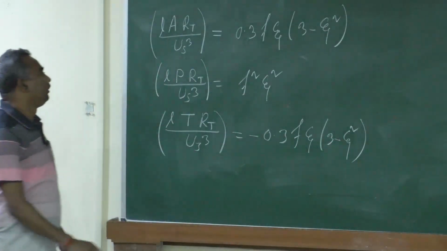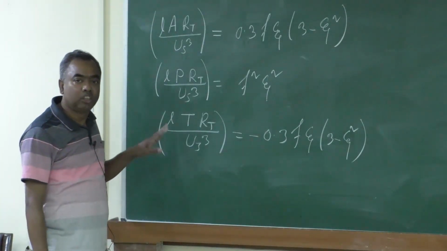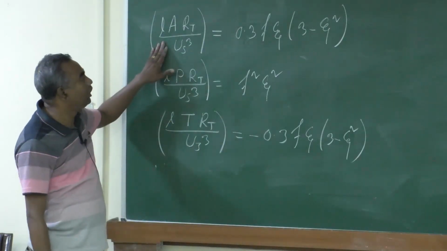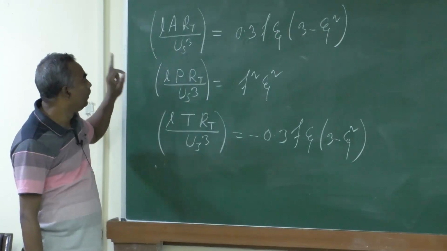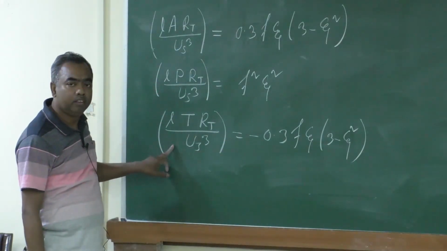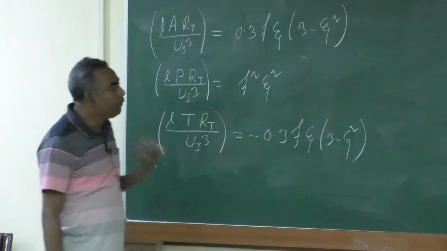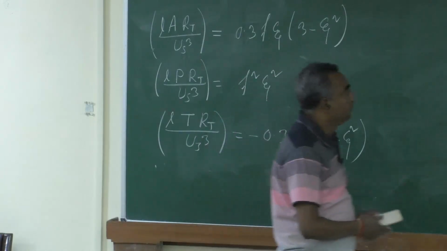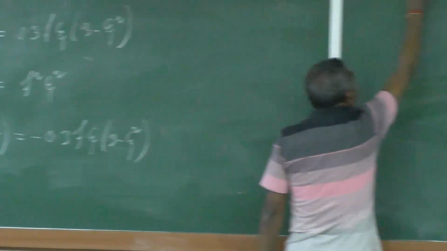So, with these solutions we can approximate the non-dimensional value of the advection term, then production term, and then your transport term. Now, if we plot these, how do we get it? Let us plot that.